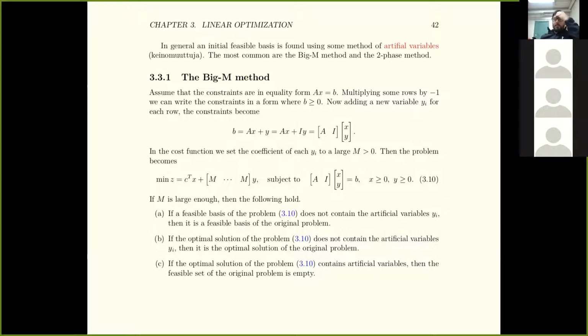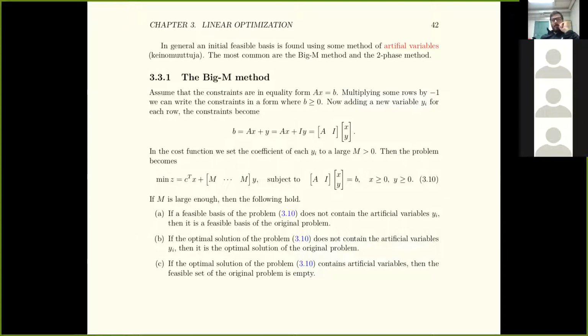So we take this Y, which are the artificial variables, and we make a very high cost in having non-zero Y. If this M is very, very large, let's say larger than the largest positive coefficient in C times the number of variables, times 1 over the smallest variable value in A, or something like this, we can guarantee that if we pick a large enough M, hence the name big M method, as the multiplier for these variables Y, then minimizing this cost, which has the original cost C transpose X and then this capital M times Y, will only occur in such a way that this Y will be 0. If it's non-zero, then the cost will be far larger.